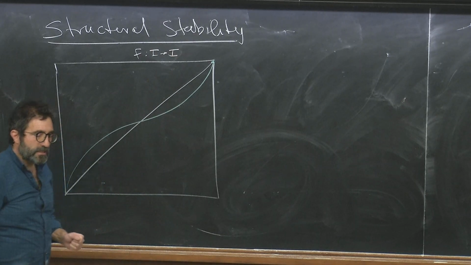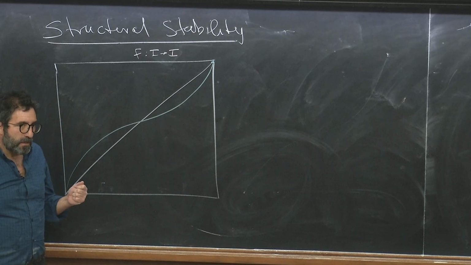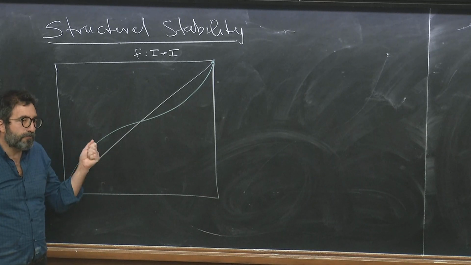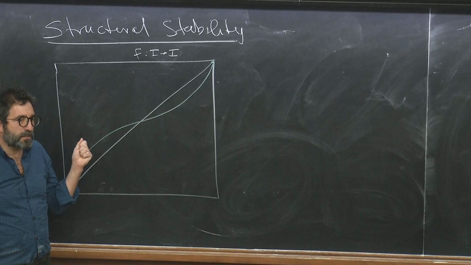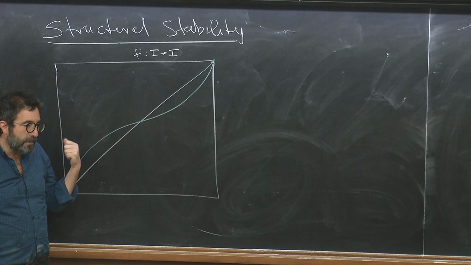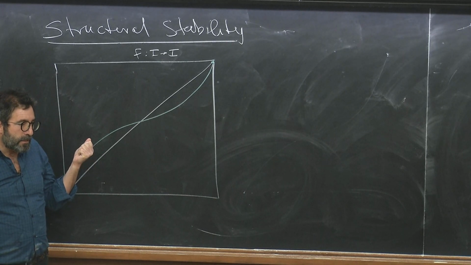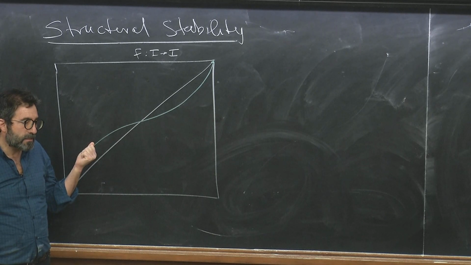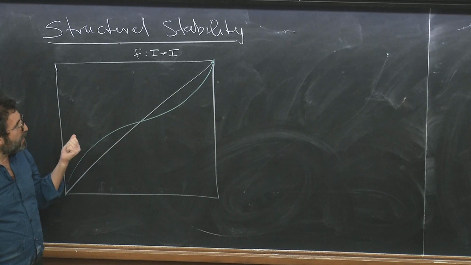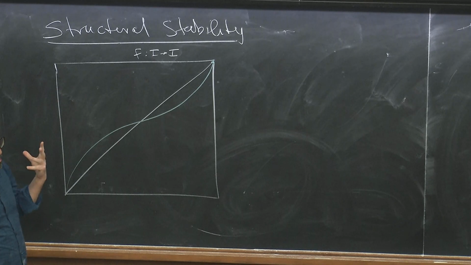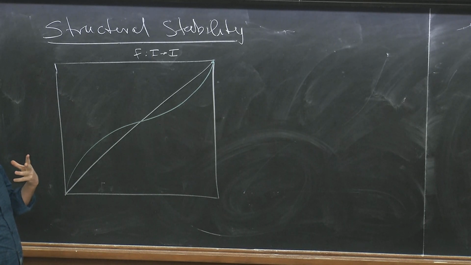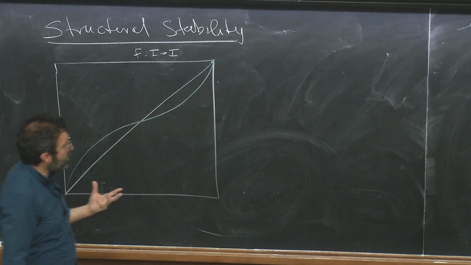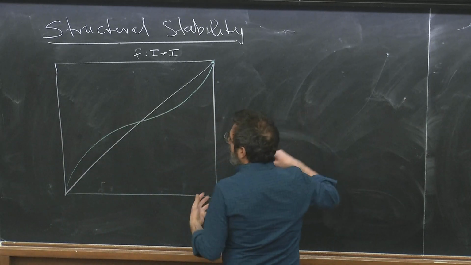So my question is, if I perturb this a little bit, do I remain inside my equivalence class? Right? So the fact that topological conjugacy is an equivalence class allows us to formulate this question, right?